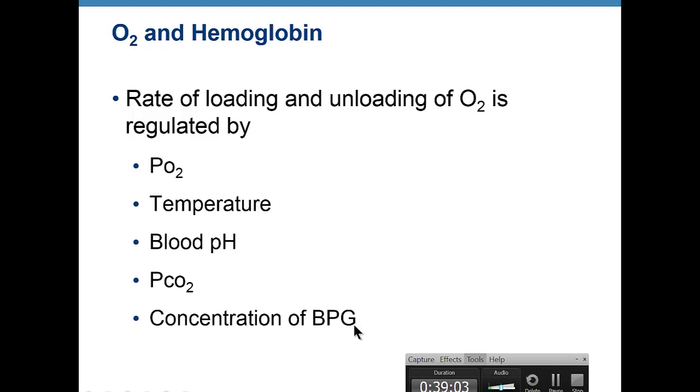Concentration of BPG, we didn't talk about this yet. That's later on in the notes. BPG is a byproduct of metabolism in red blood cells. So when this binds to hemoglobin, it increases its ability to release oxygen.